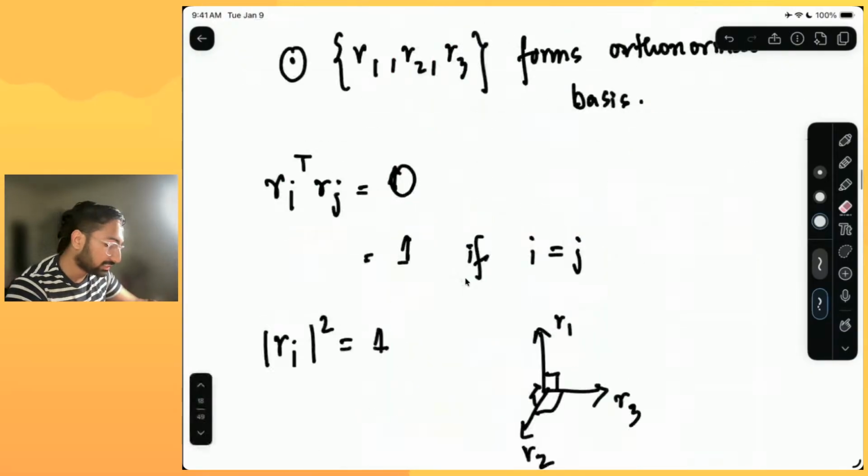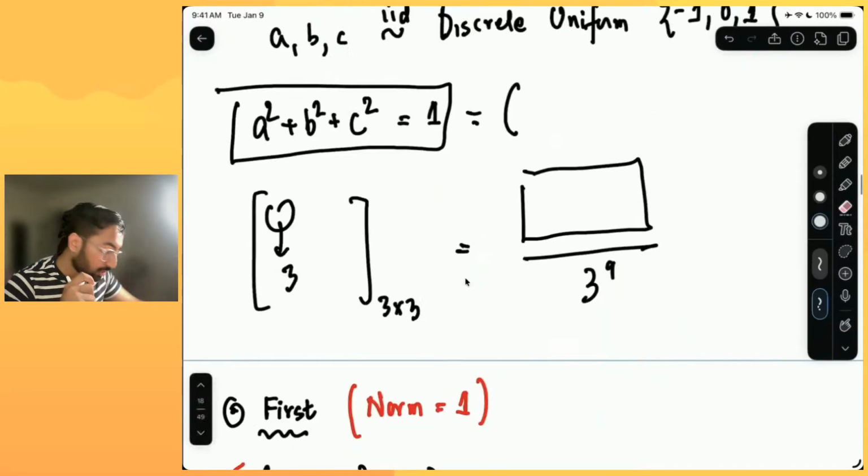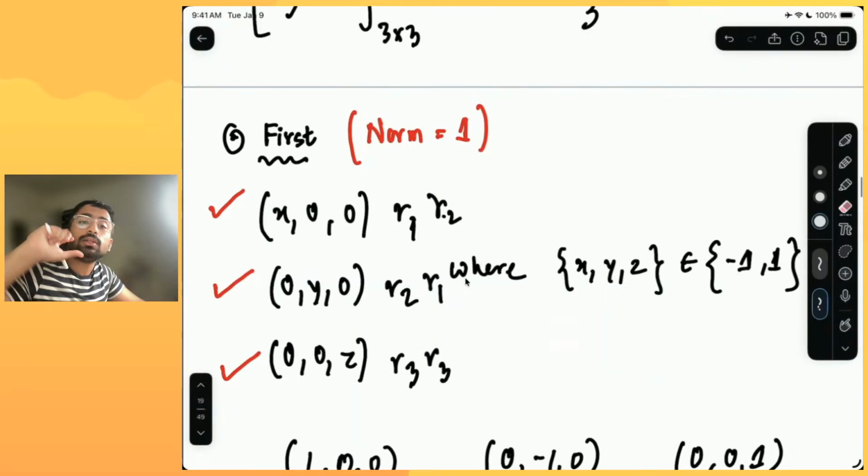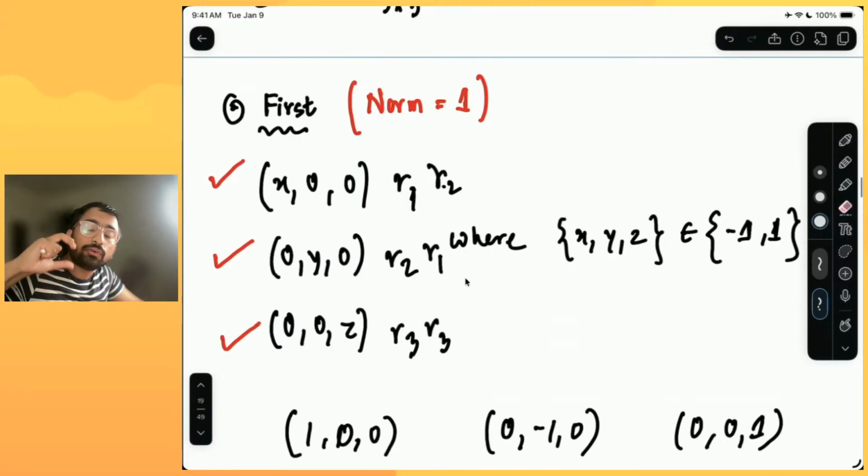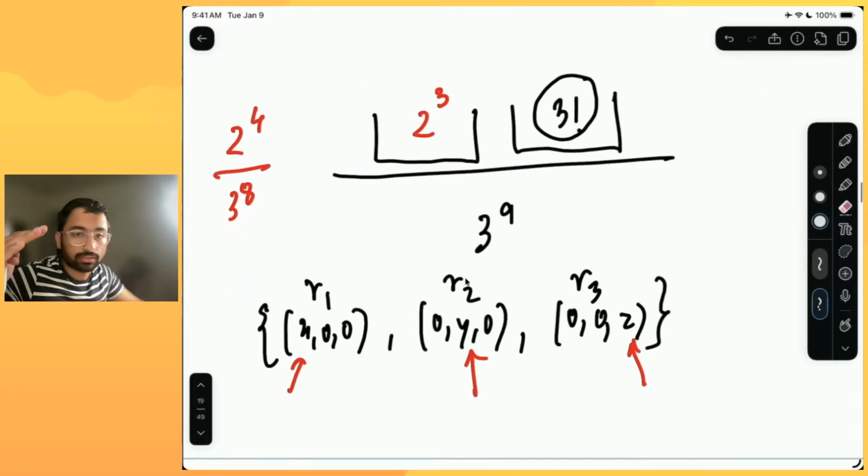And the third thing is that if they form an orthonormal basis, what are the possibilities of the values of those row vectors? We have seen that the possibilities of those row vectors can be x00, 0y0, and 00z. But not only that, each of the x, y, and z should be non-zero elements.